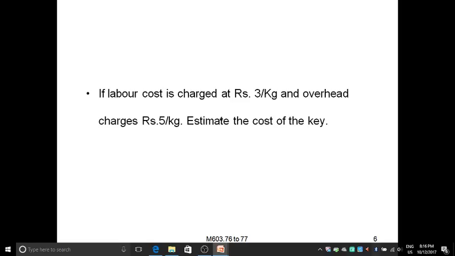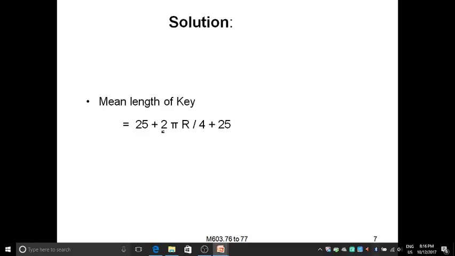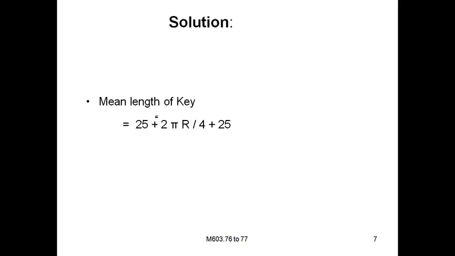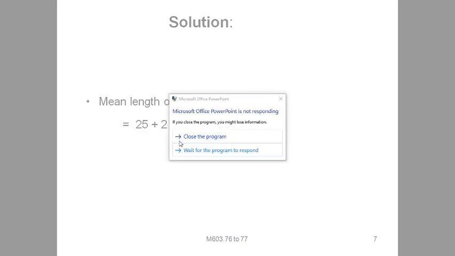That is what he is doing here: 2 pi r divided by 4. So 25 and 25, plus 2 pi r by 4, will give you the mean length. Now you multiply this length with the cross sectional area.